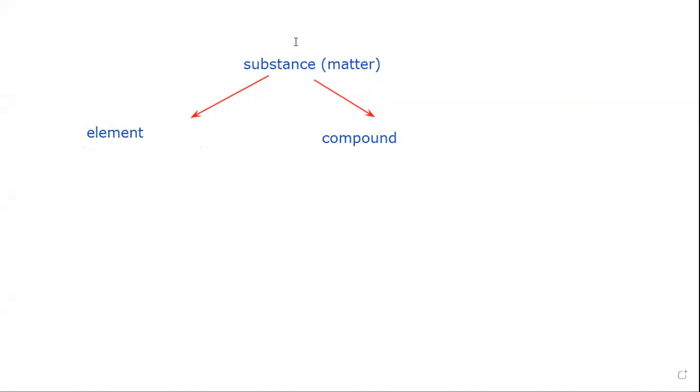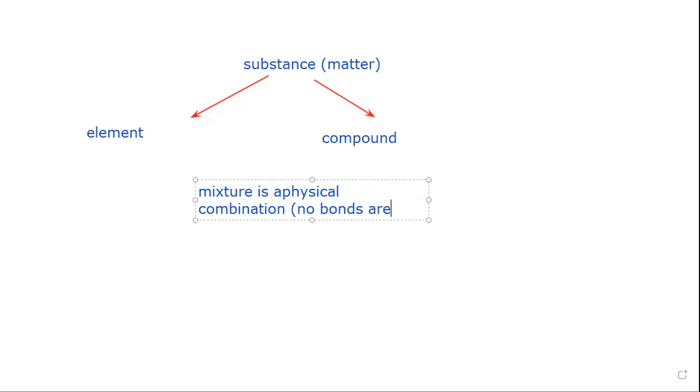Then we have something we call a mixture. What is a mixture? A mixture is a physical combination, which means just blending and mixing, with no bonds formed, and no new chemical substances. The same components are just physically mixed.